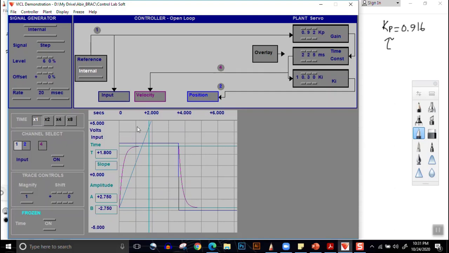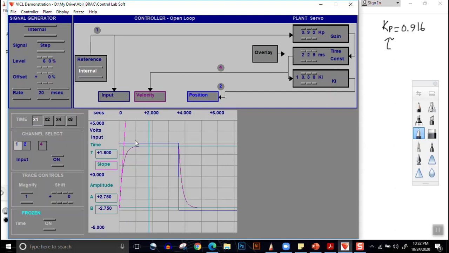We move it in such a way that this line over here will be sloped to the output curve. So here we can see that this line is the initial slope of the output curve. Since we are taking the initial slope of the output curve, it is called the initial slope method.